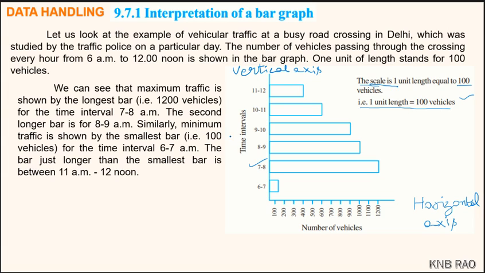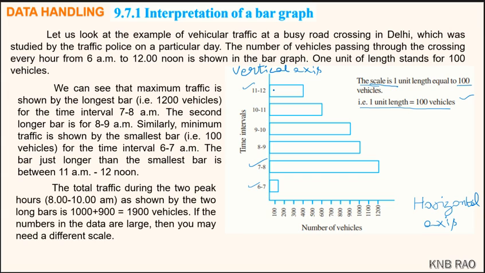Similarly, the minimum traffic is shown by the smallest bar from 6 to 7 am with 100 vehicles passing. The bar just longer than the smallest bar is at 11 am to 12 noon, where you could observe some more interpretations from this bar graph.